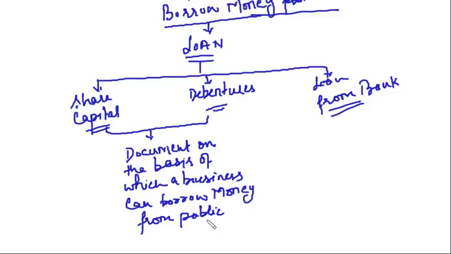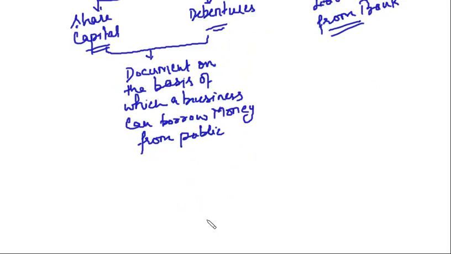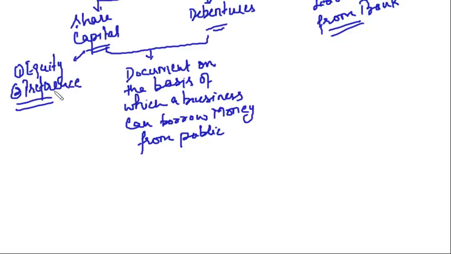A loan we can take in three ways: share capital, debentures, and loan from bank. Share capital further consists of two things: one is equity share capital and one is preference share capital. Right? This in detail we will do in the chapter of share capital.